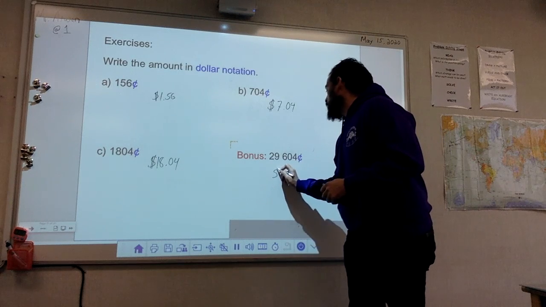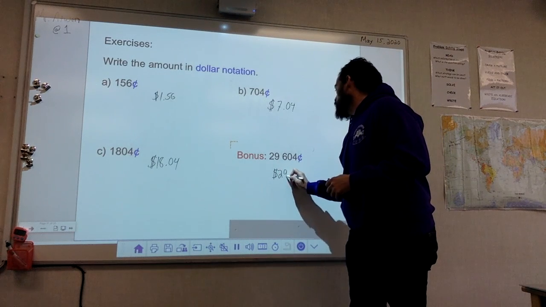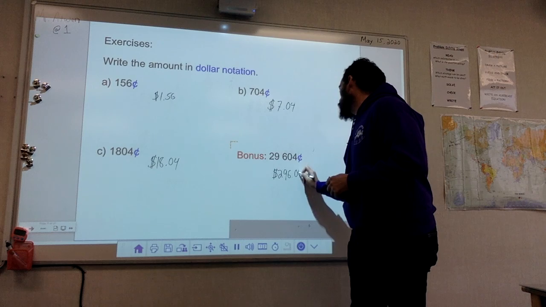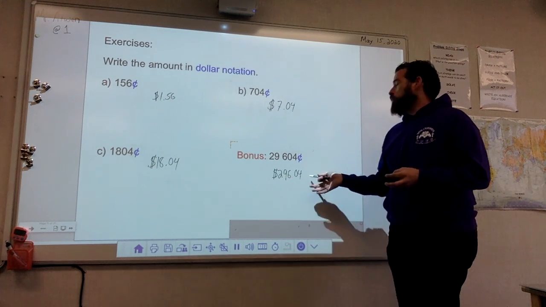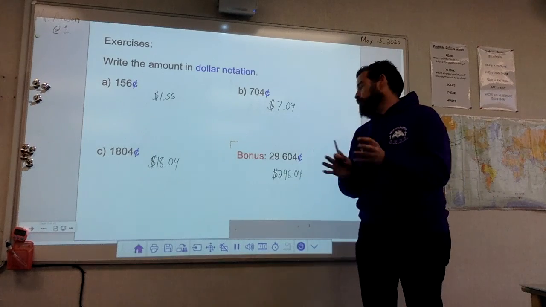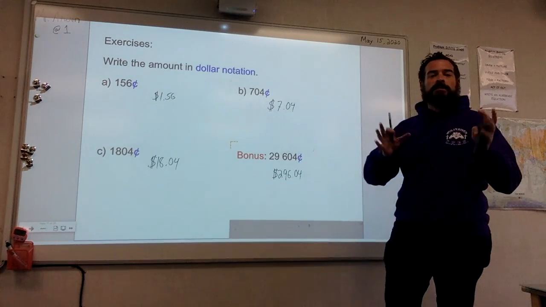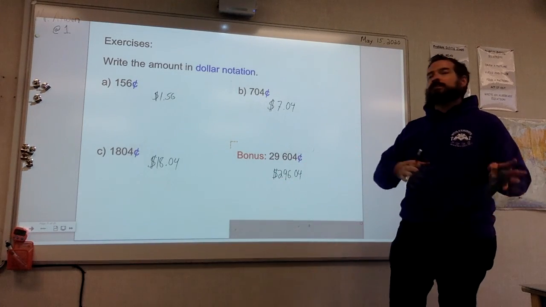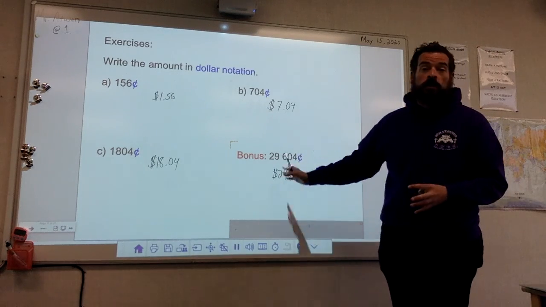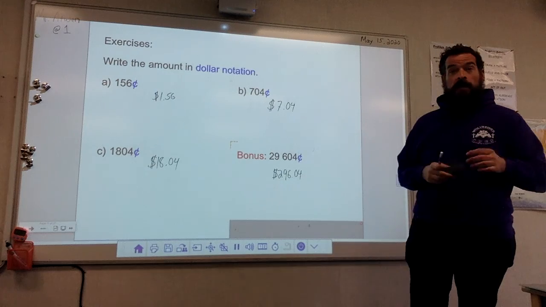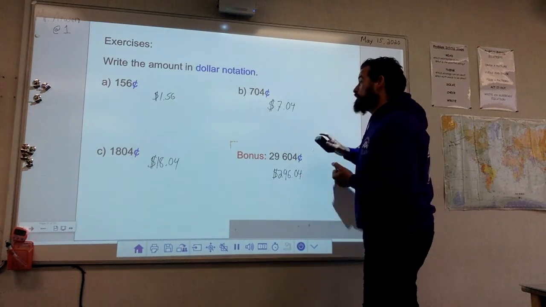So we put our dollar sign in, 296.04, $296.04. So even if you are given a really long number, a lot of cents, hundreds of thousands of cents, millions of cents, if you remember that you have to have 2 digits to the right of the decimal, you can easily convert that to dollar notation every single time.